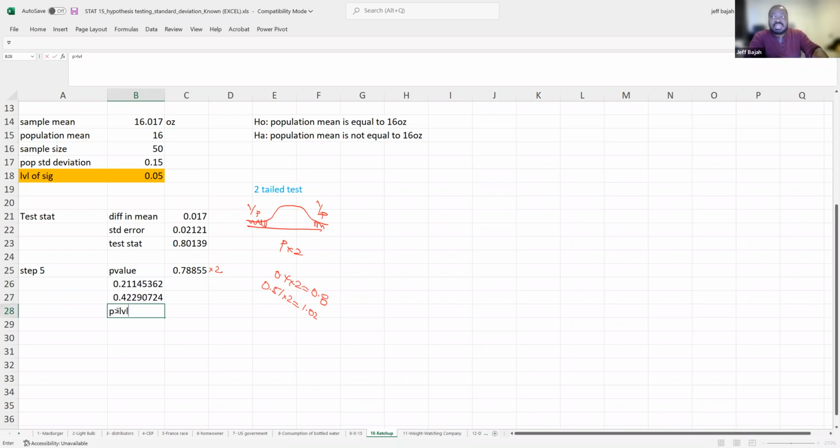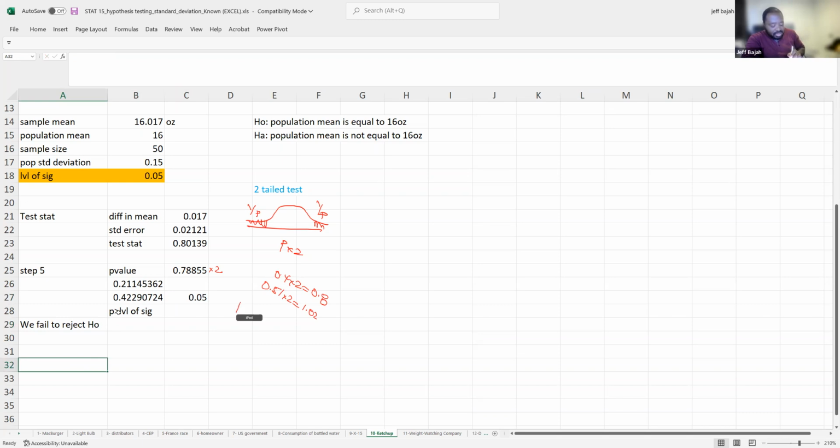But this is greater than your level of significance, because the level of significance is 0.05. And so this is greater than 0.05, evidently. So because the p-value is greater than your level of significance, what do we do? We fail to reject H0.